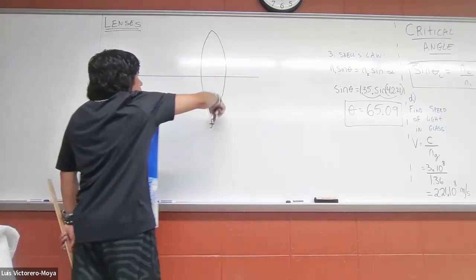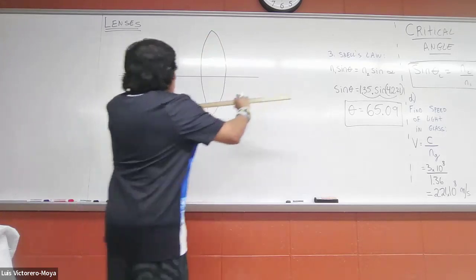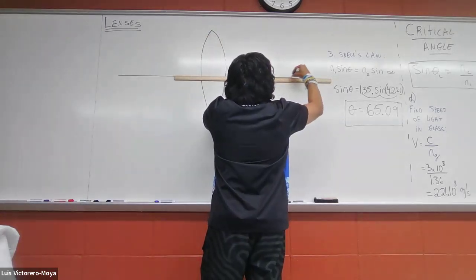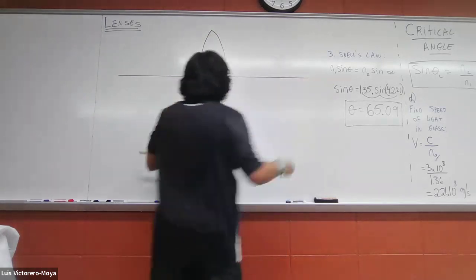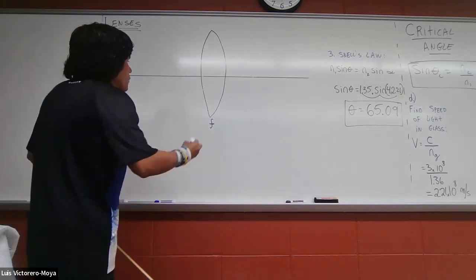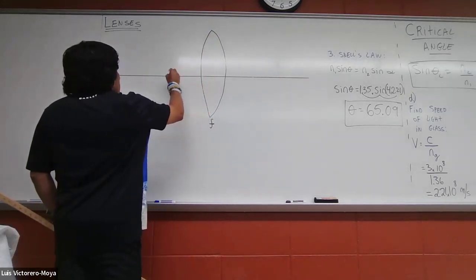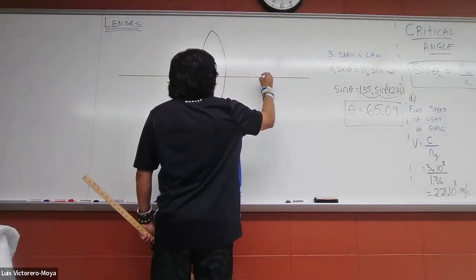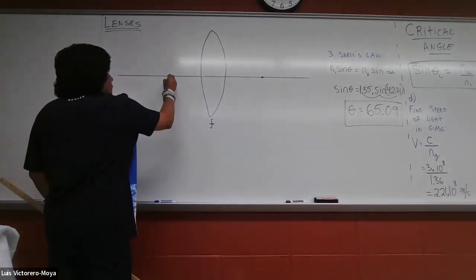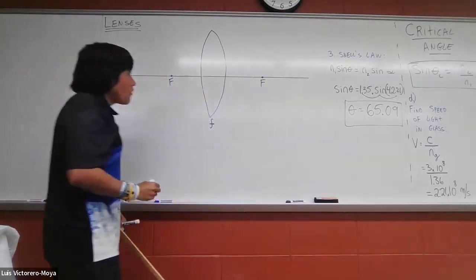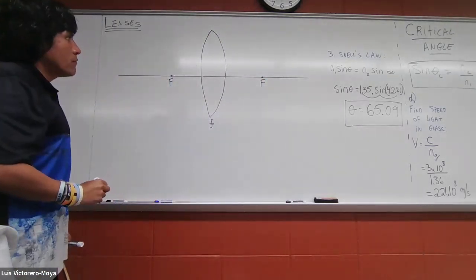Because there are two surfaces, right? The focal point for the lens is located at two places. One and here. So that's the focal point for the lens.